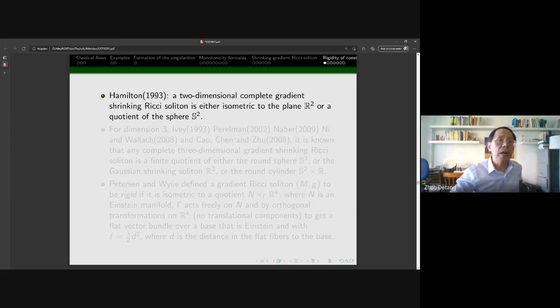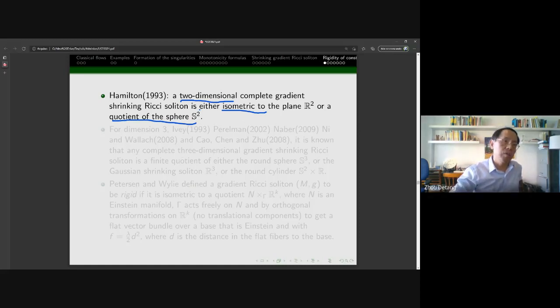The first one is that Hamilton classified the two-dimensional case, shrinking Ricci solitons. He proved that it's either isometric to the plane or a quotient of the sphere.